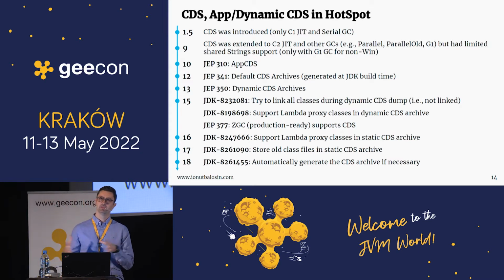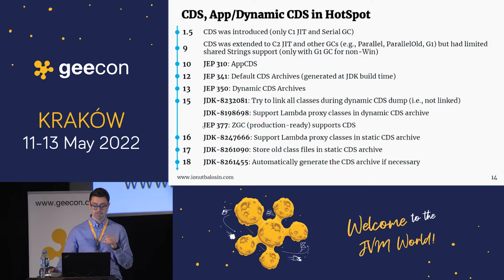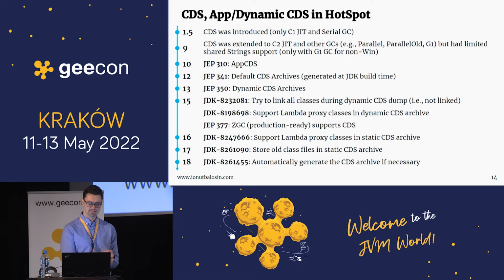When the JVM starts, the lambda class is generated on the fly. Initially, these classes generated from lambda expressions were not included in the archive. Things were improved: in 15 and 16, these are included. So if you are using the latest LTS, 17, you also take advantage of these lambda classes.